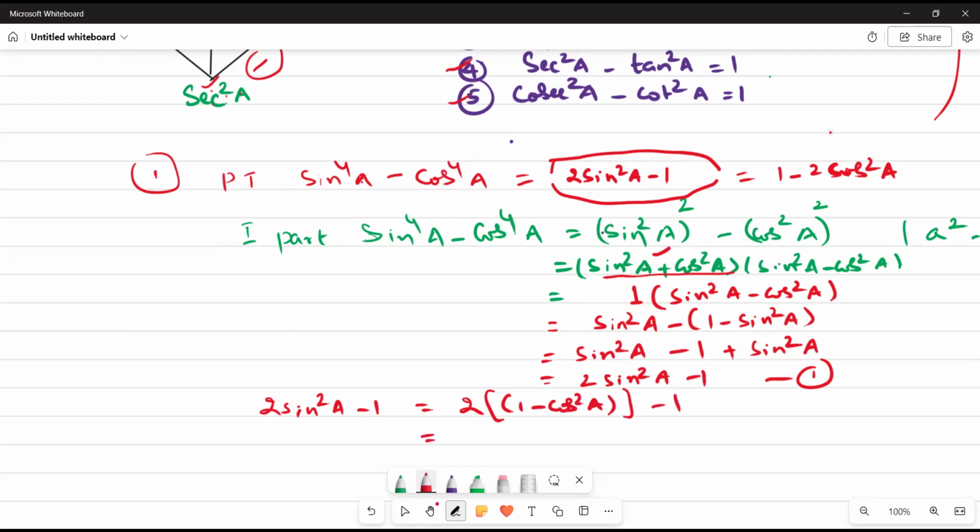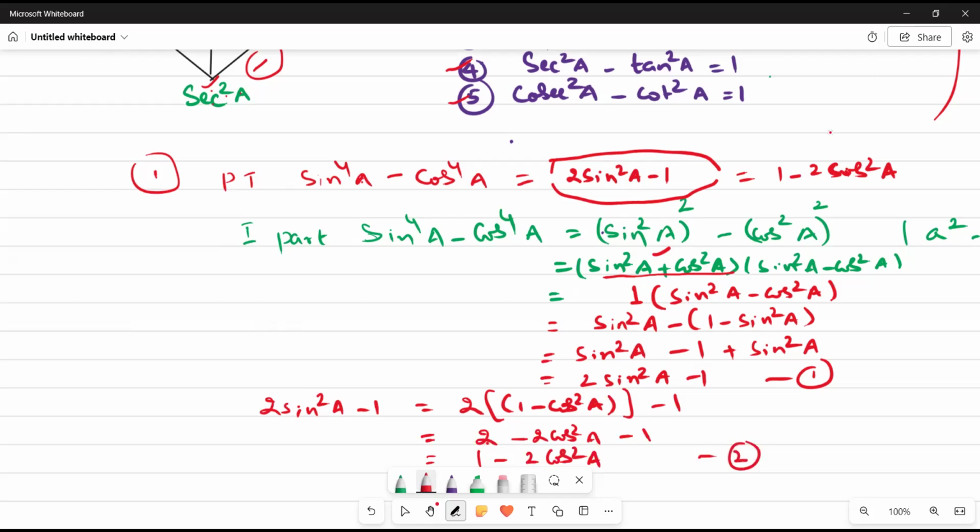So when you open up the bracket, 2 into 1 is 2, minus 2 into cos square a, 2 cos square a, and minus 1. What is the next step? 2 minus 1 gives you 1 minus 2 cos square a, and keep this as number 2.